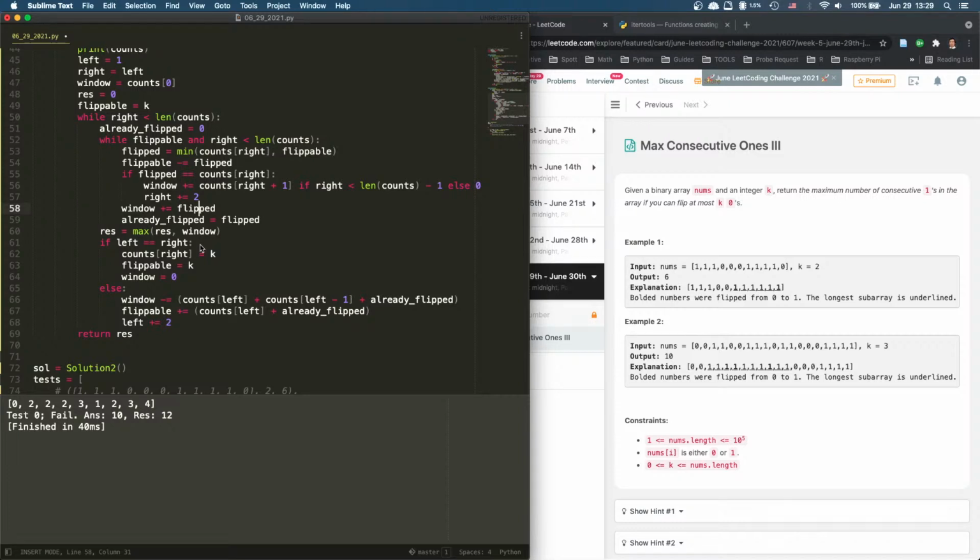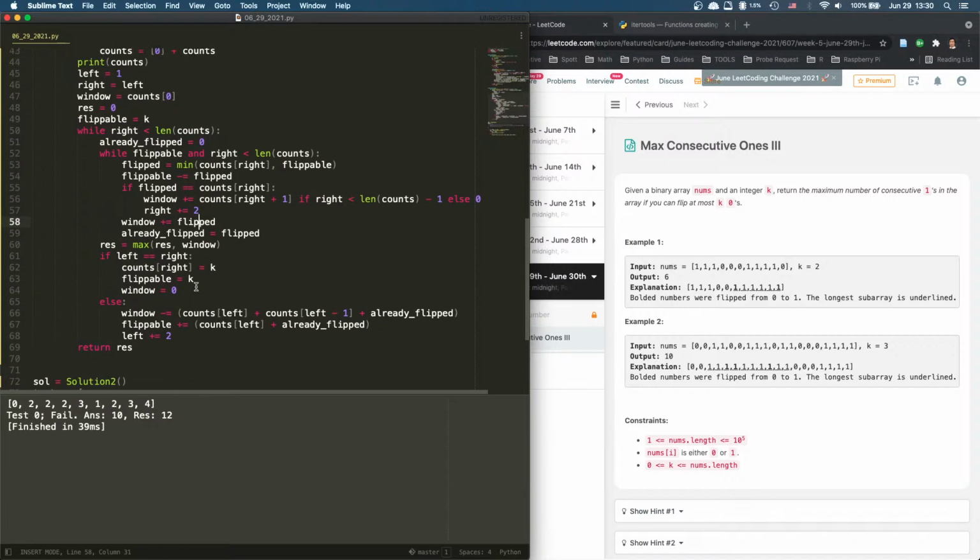Already flipped, and then flippable is going to be counts left and already flipped, left moves forward, and then everything we're going to go back into the right again, and then that's going to be a left affinity, right? And then we try to see if flip still not equal to, and then we're going to do the window, now plus flipped, try this, still not right. Alright, I have to go take a look.